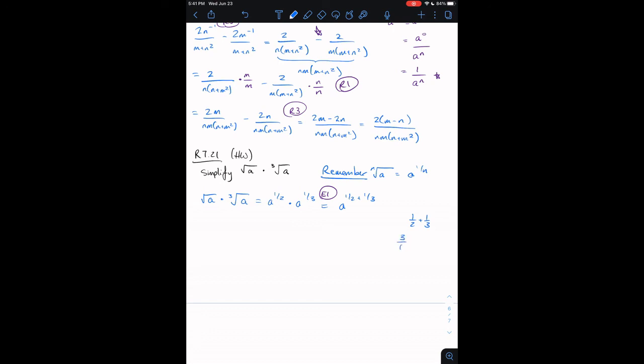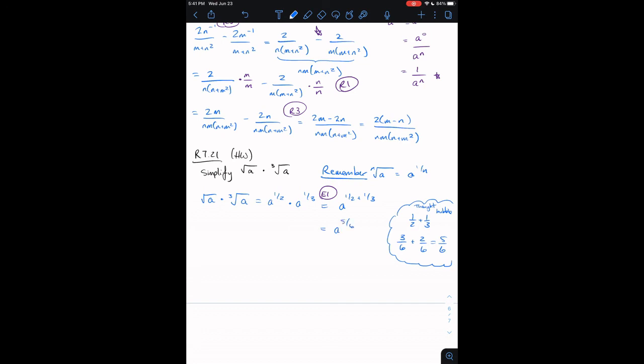So 3/6 plus 2/6. That's 5/6. Okay, so this is my thought bubble, me doing a little bit of fraction addition. So from that thought bubble, I get that this is a to the 5/6.